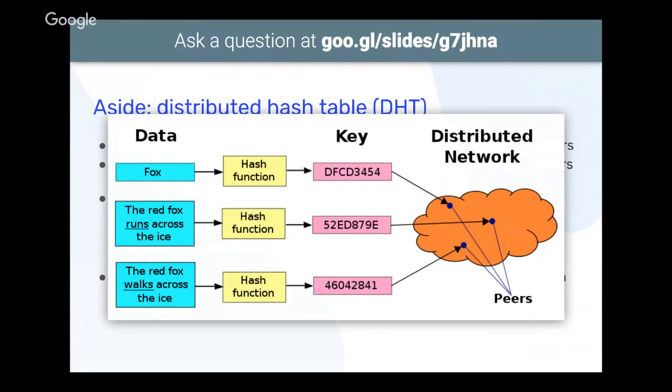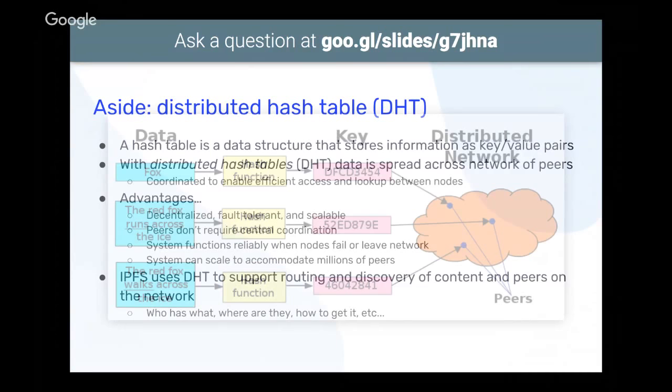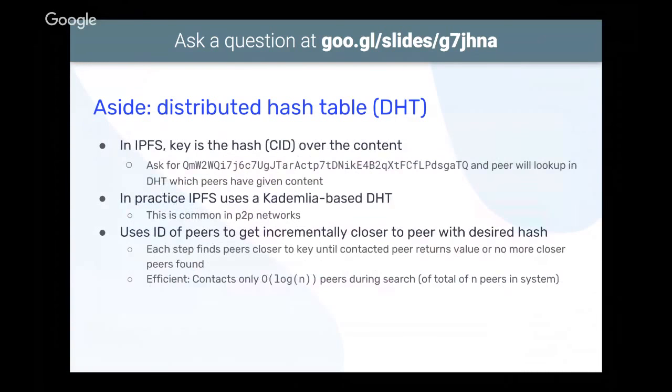And we can start to find out where it is by querying the distributed hash table. In IPFS, the keys that we use are the CIDs, or the hash over the content. So if I ask the DHT for a particular CID, my peer will look it up in the distributed hash table and find out which peers have that content.